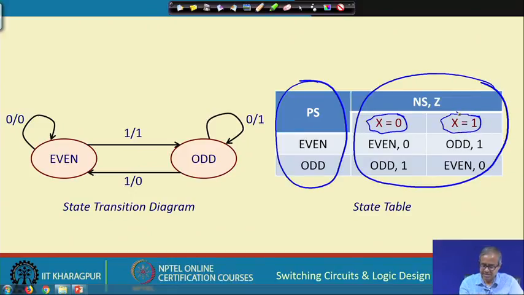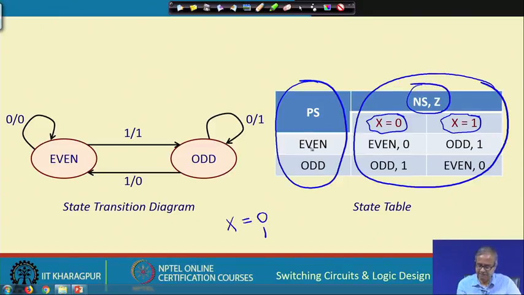Because in this circuit there is a single input x and x can be either 0 or 1, there are 2 columns in the second part, one corresponding to x equal to 0, the other corresponding to x equal to 1. And whatever is listed here is actually this NS and Z, next state and output.